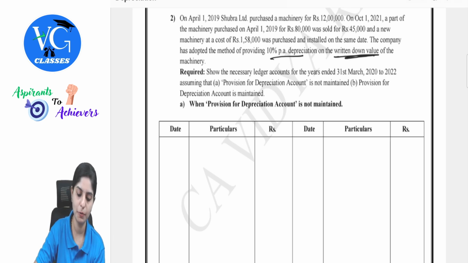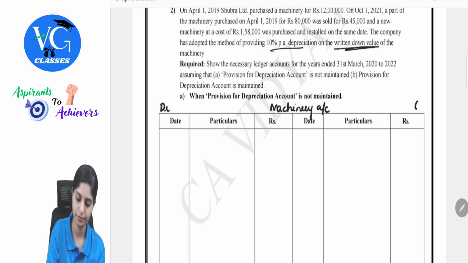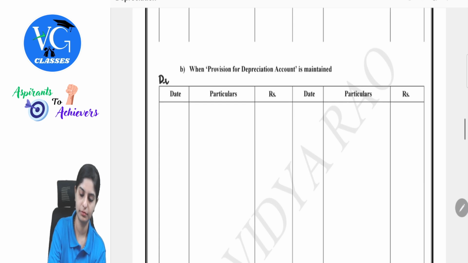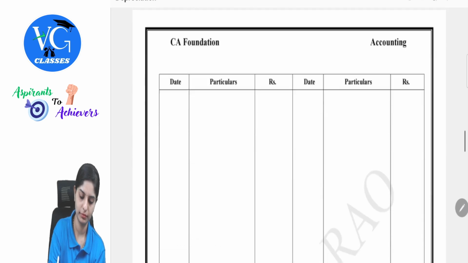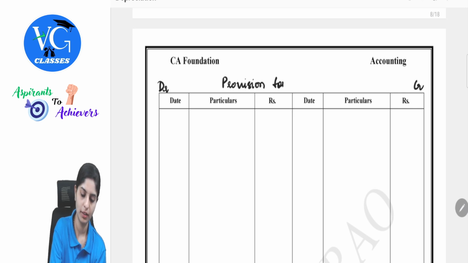So first, when provision for depreciation is not maintained, let's take this as a machinery account. Provision for depreciation account.